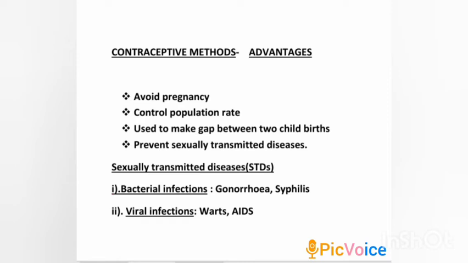Okay, then which virus causes AIDS? It is caused by HIV, isn't it? So AIDS is also spread by sexual intercourse. So by using these contraceptive methods, we can also prevent the transmission of this type of STDs.